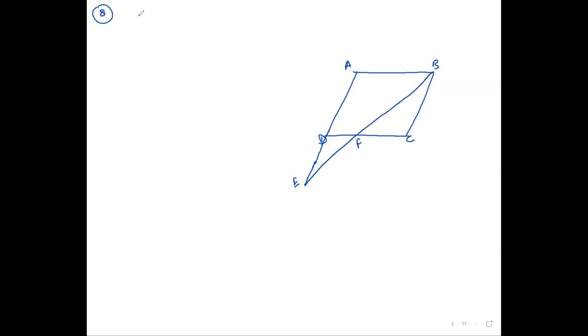Show that triangle ABE is similar to triangle CFB. So which triangle? ABE, okay, CFB. All right. Now, what was given?